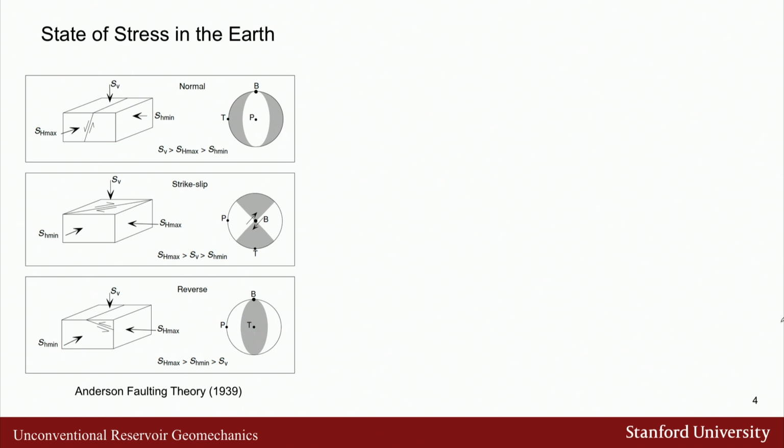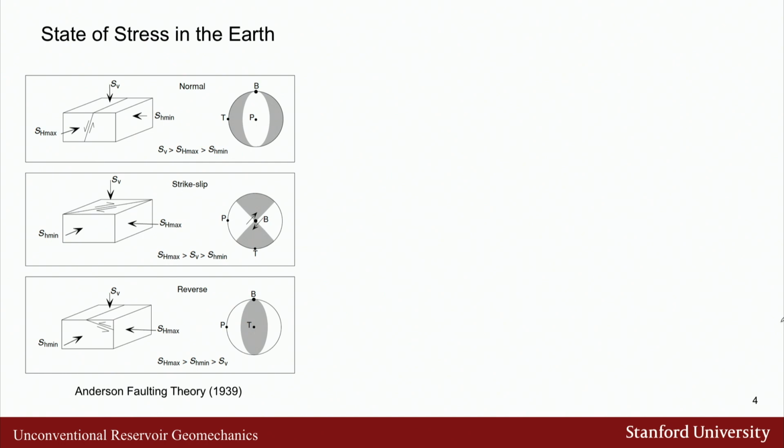Or another way to think about it is a given area might have faults of many different orientations introduced under different stress states at different geologic times. And the faults that are active today, if there's a normal faulting environment today, are faults that dip about 60 degrees and strike in the direction of SH max. The largest stress is the vertical stress, and the smallest stress is the minimum stress.